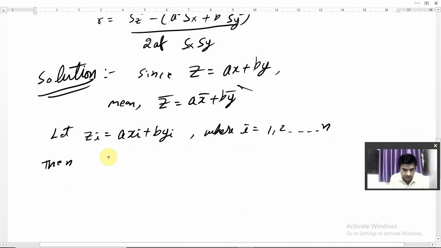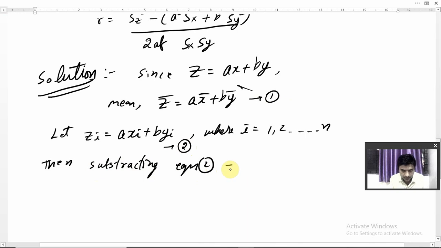Then I will simplify this. Now I'll take this as equation number 1 and this I will take as equation number 2. Subtracting equation 2 minus equation 1, what do I get? zi minus z bar is equal to a... Now you can see a x bar is there and a xi is there, so a is common.